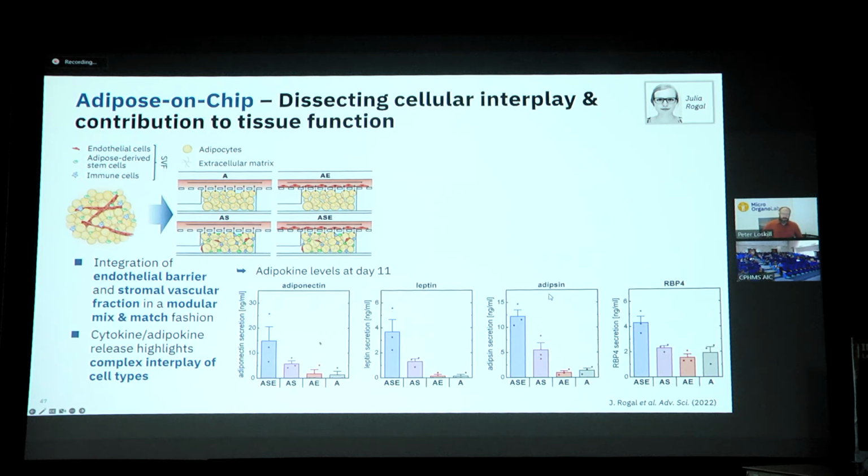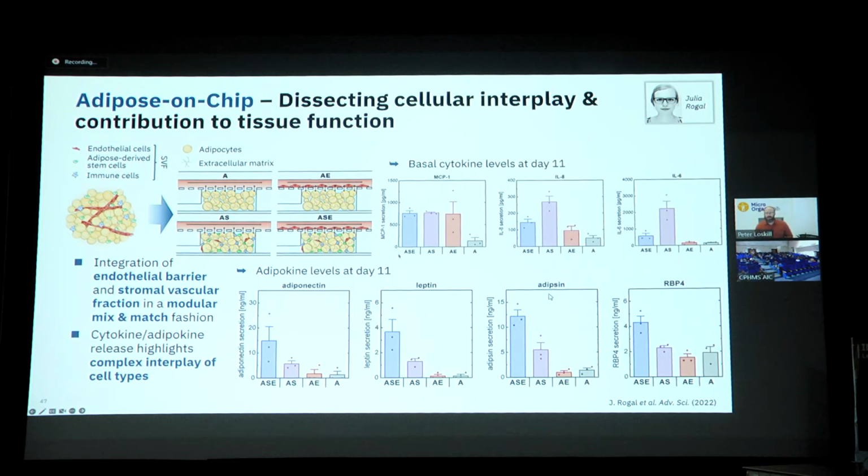So we see adipokine secretion if we only have adipocytes in the system. But the more cell types we add, we actually have an increase in adipokine levels. And only in the most complex system, where we have the stromal vascular fraction and the endothelial cells lining the system, we actually have a physiological level of adiponectin or adipokine secretion.